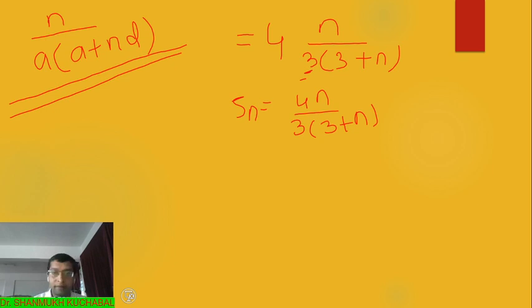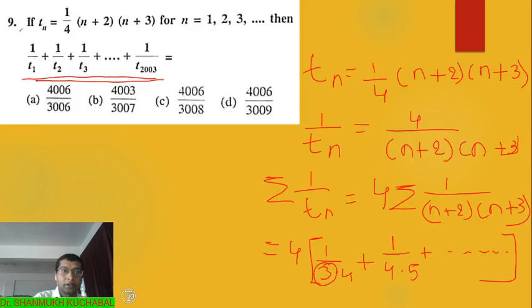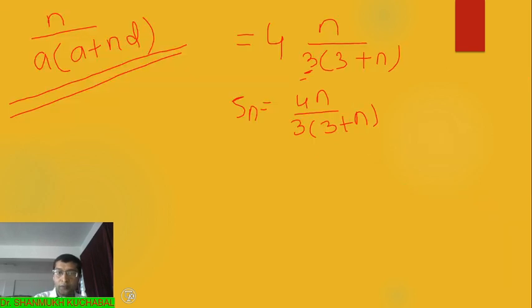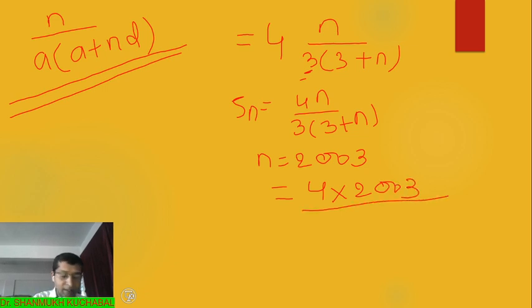Then in this question the n value is 2003, so we take n equal to 2003. So this is equal to 4 into 2003 divided by 3 into (3 plus 2003). So numerator simplification, we get 4006 in the numerator.